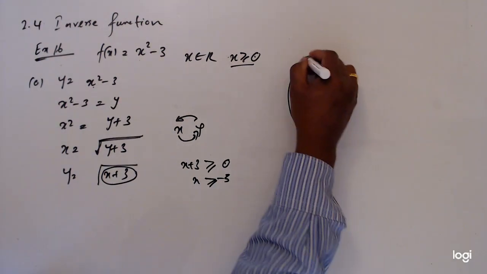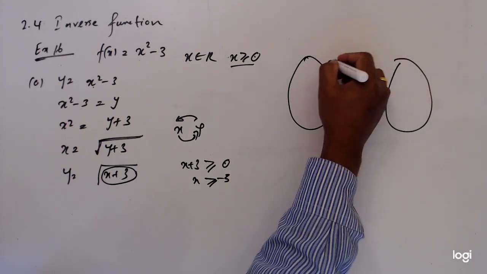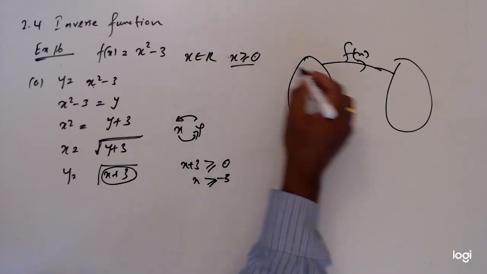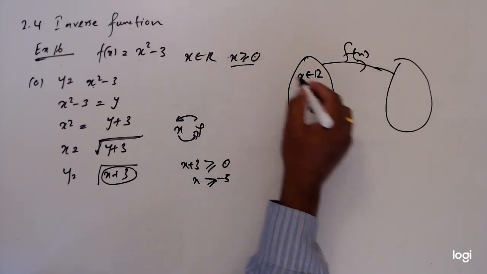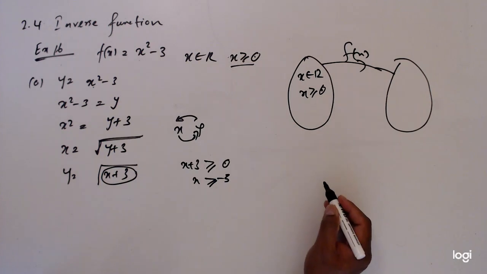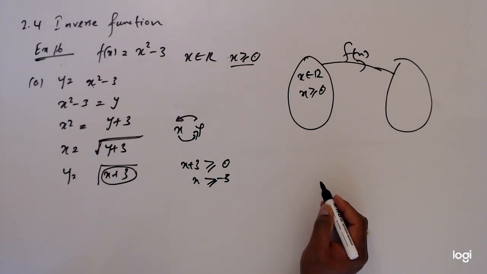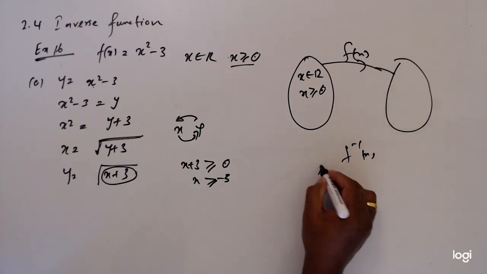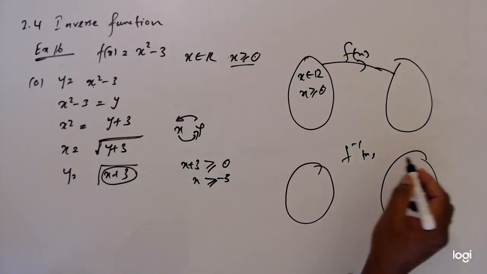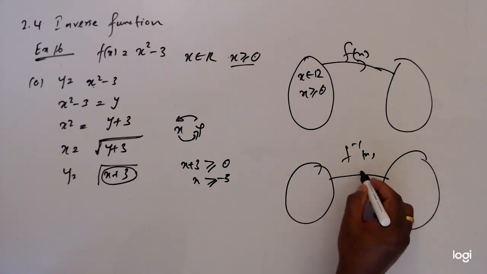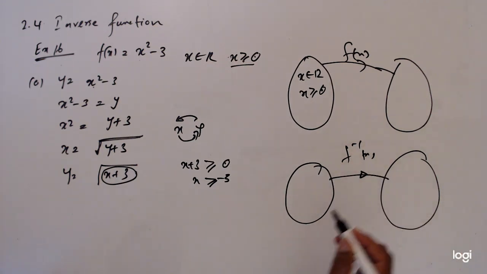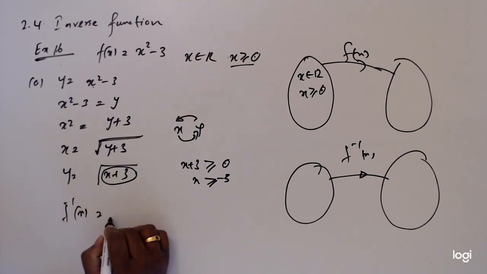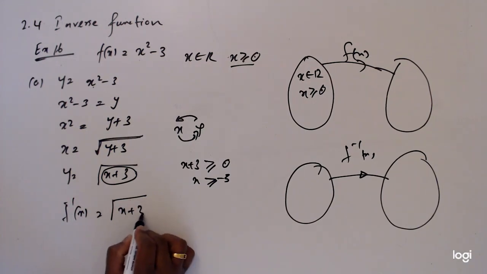Now I have the f(x) function, x belongs to real numbers, but x has to be greater than or equal to 0. And for f inverse x, this is the domain and this is the range. This is f inverse x, square root of x plus 3.